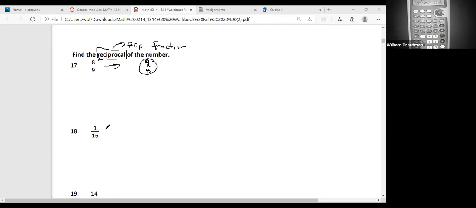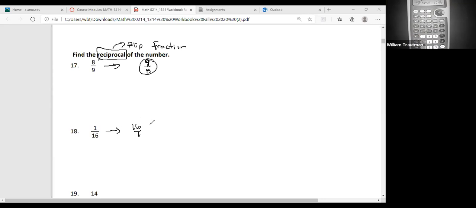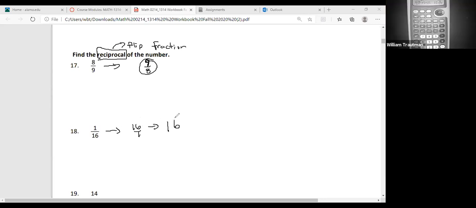The reciprocal of 1 over 16 is 16 over 1, because 16 divided by 1 is 16. I think that in the homework it would give either answer correct, but on a test you wouldn't see this. You would see this as a multiple choice. All our tests are multiple choice. So all you have to do is pick the correct answer.